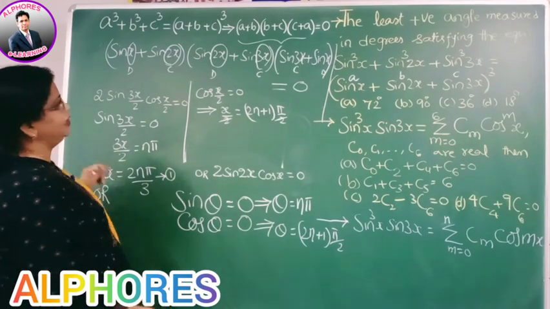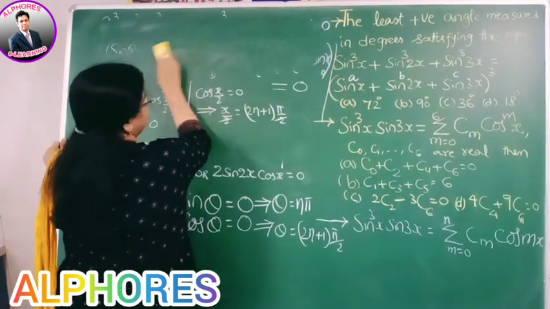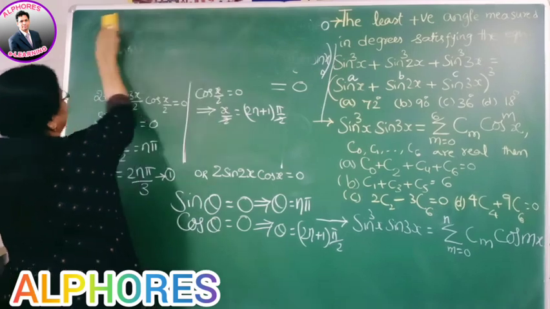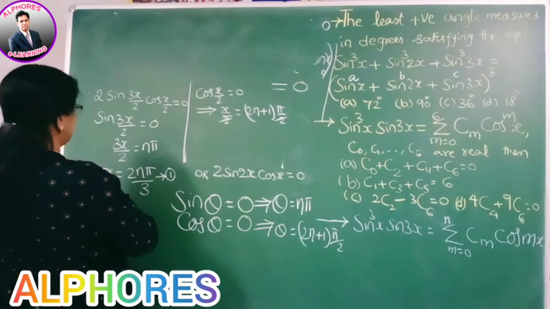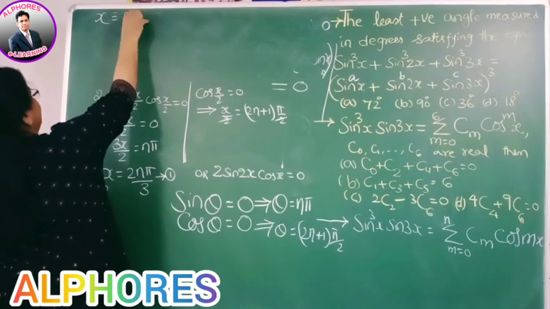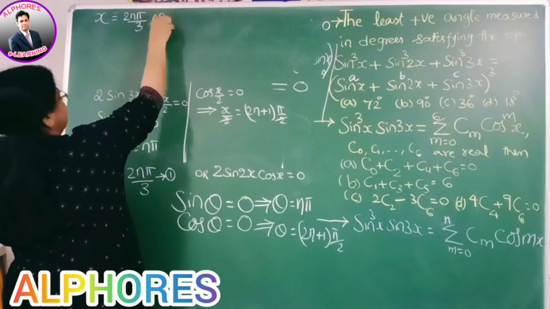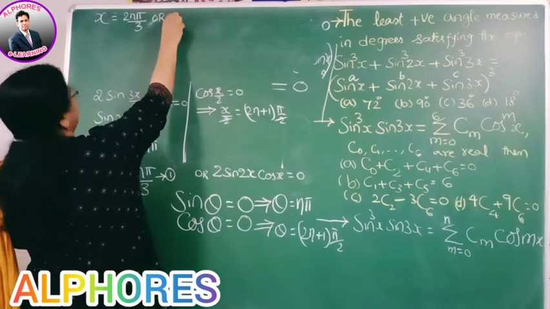And therefore students, for the first bracket, what value did you get? From the first bracket you got the value x equal to 2n pi divided by 3, or x is an odd multiple of pi.